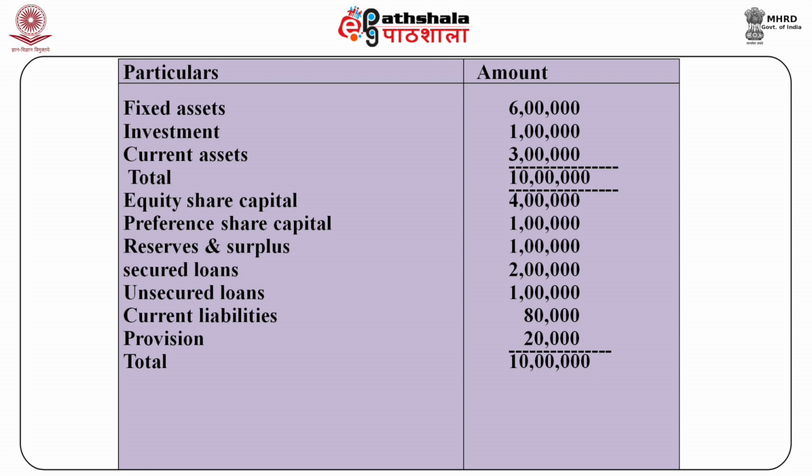Then we have liabilities comprising of equity share capital 4 lakh, preference share capital 1 lakh, reserves and surpluses 1 lakh, secured loan 2 lakh, unsecured loans 1 lakh, current liabilities 80,000 and provisions are 20,000. That means we have total liabilities of 10 lakh.